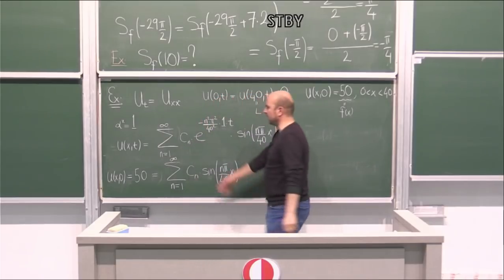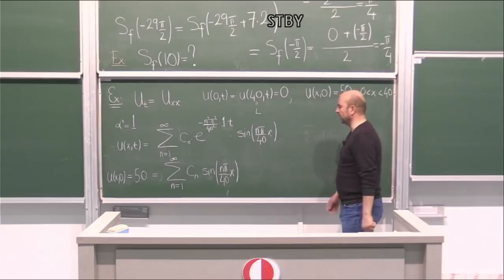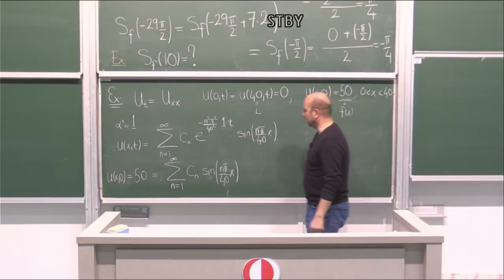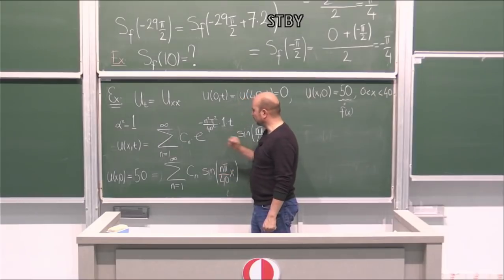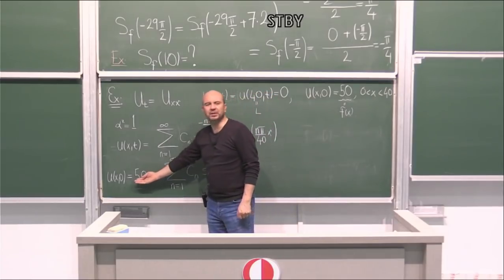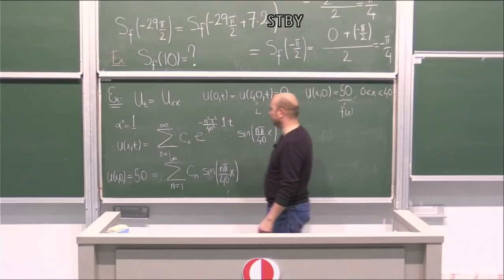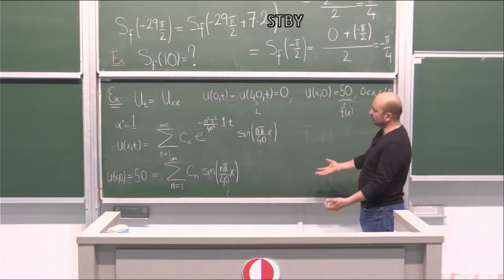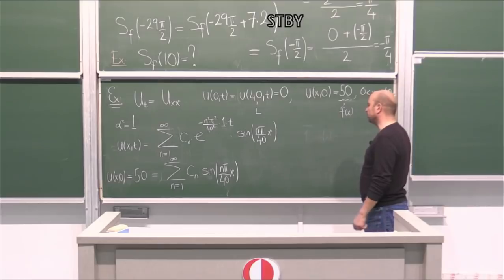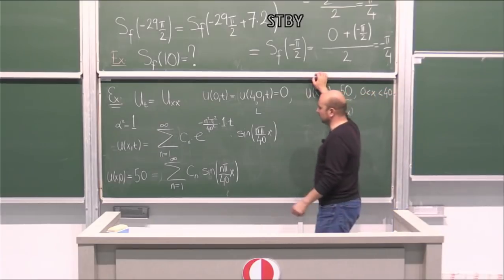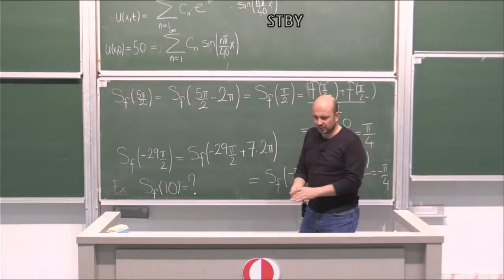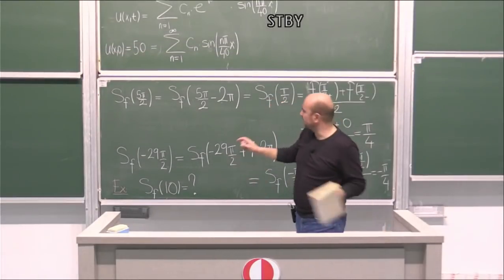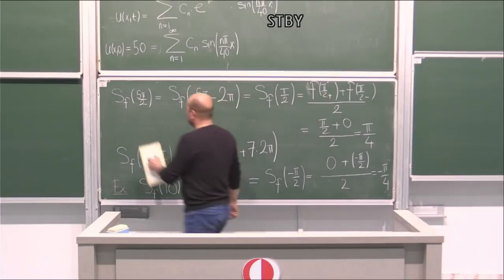So it says that you should write the Fourier coefficients here, but it must be a sine series for which function? The constant function 50 between 0 and 40 for x. So we can directly compute it, because after the previous example we know what to do.